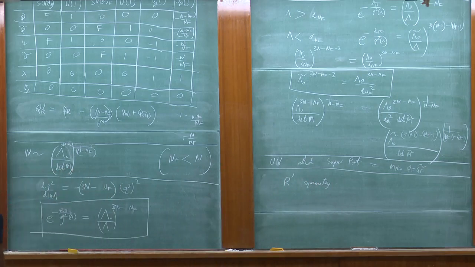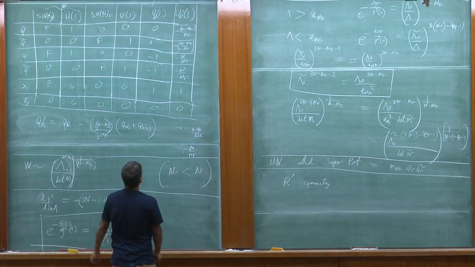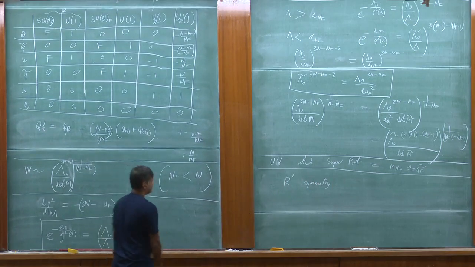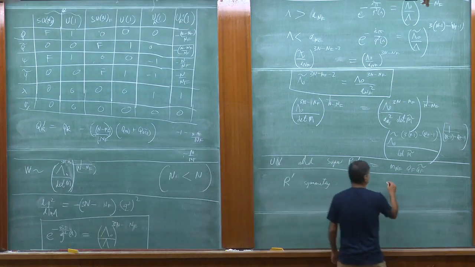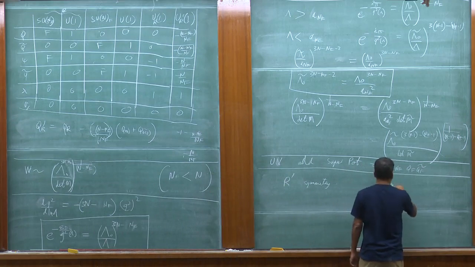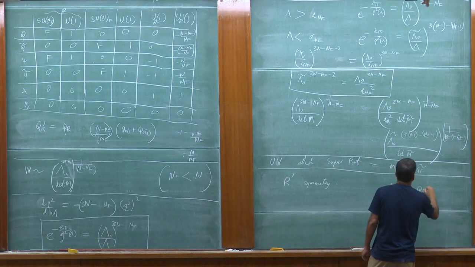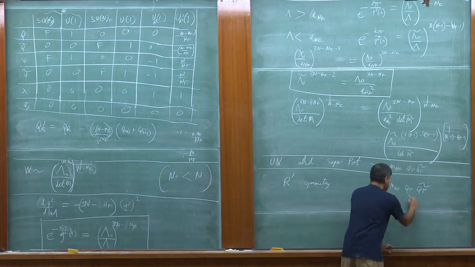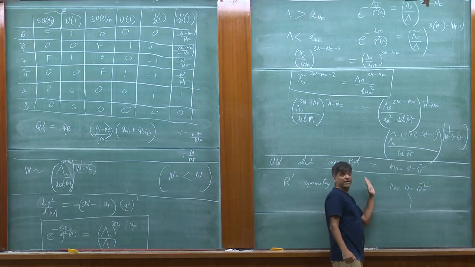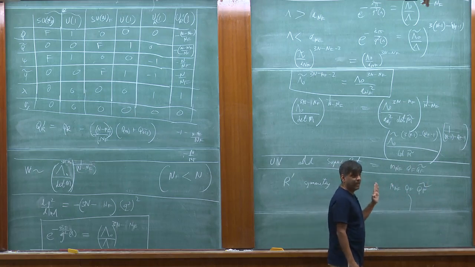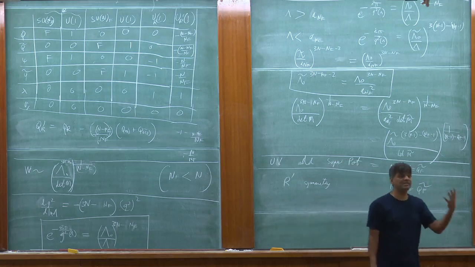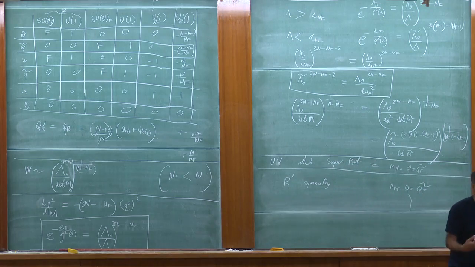Under this R prime symmetry, Q times Q tilde has to transform like R symmetry 2 in order to respect that symmetry.